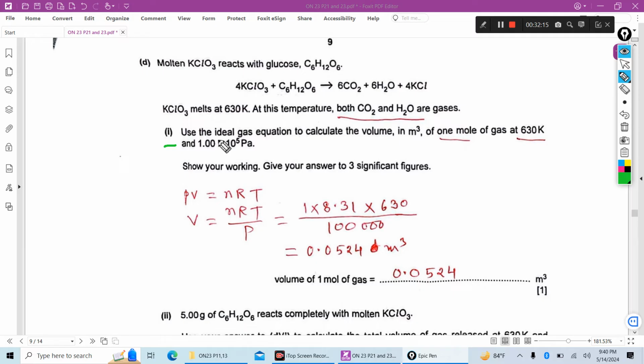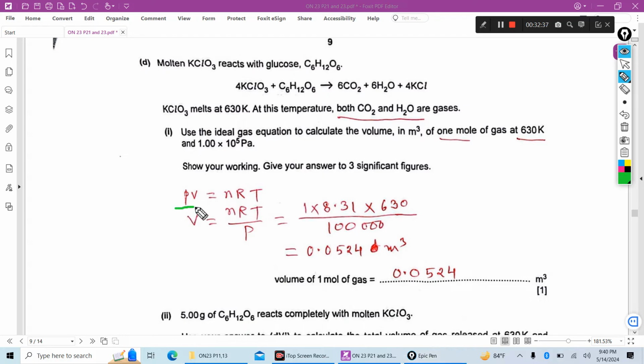Use the ideal gas equation to calculate the volume in meter cube of 1 mole of gas at 630 Kelvin and 1 times 10 to the power 5 Pascal. Show your working, give your answer in 3 significant figures.